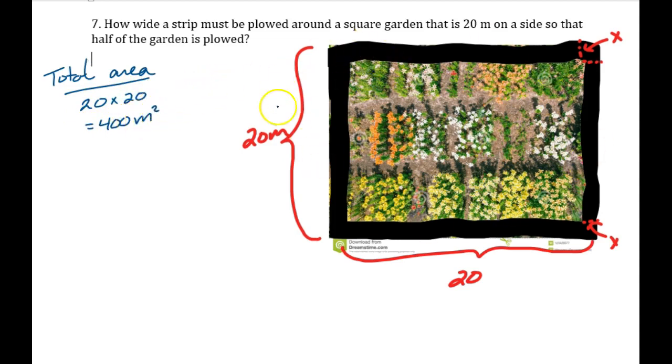That's of the garden before you started. And your new area has to be half of that, because we were told that here. So only half the garden is plowed. So your new area is, well, 400 divided by 2, 200 meters square.